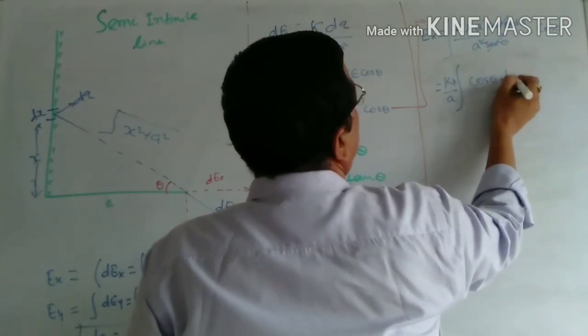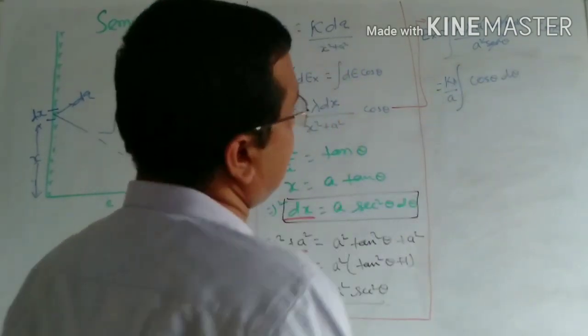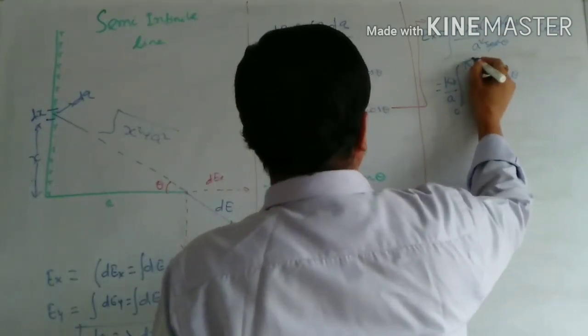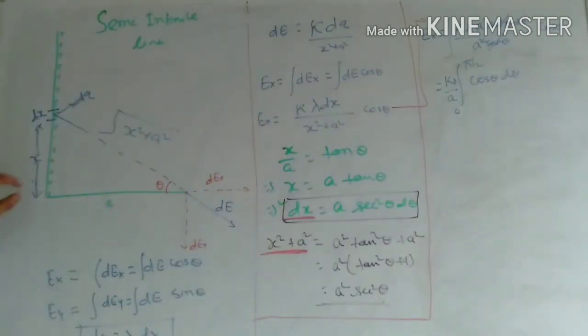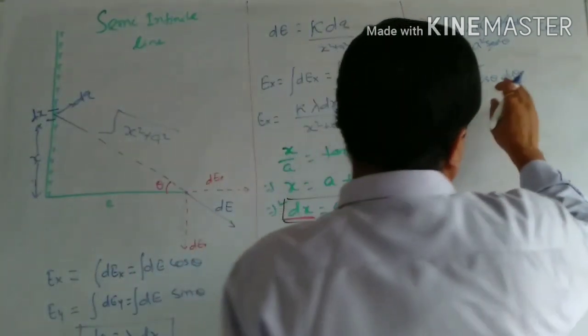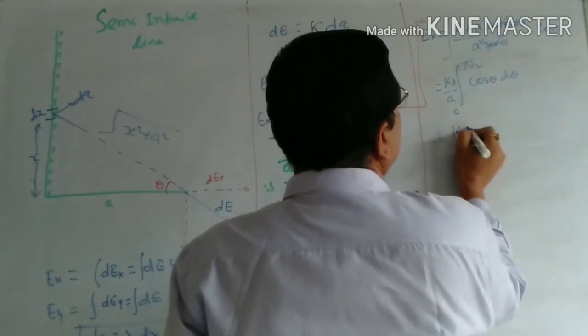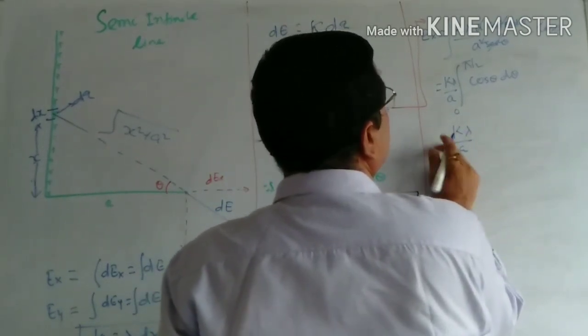Cos theta d theta. From where to where? 0 to pi by 2. In this case the limit is 0 because the first element is here and the last element is at pi by 2. So what is this? K lambda by a.